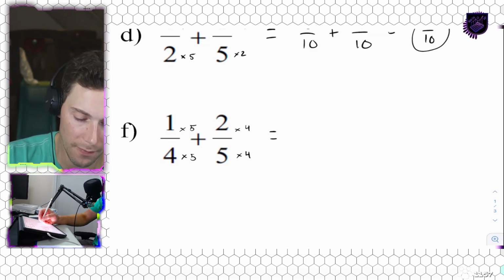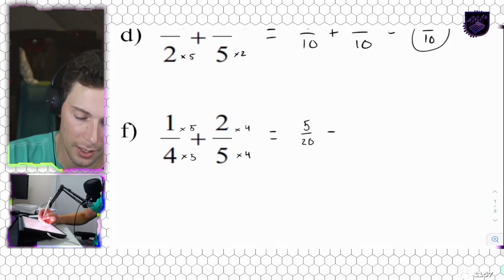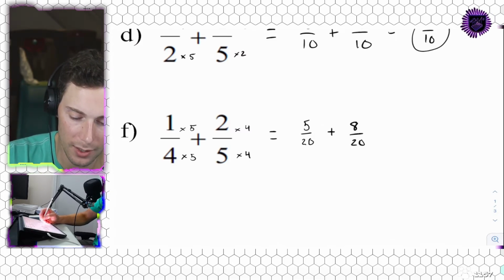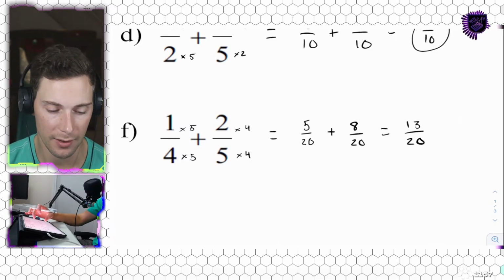So it'll be 5/20 plus 8/20, which will be 13/20, and you cannot simplify that.